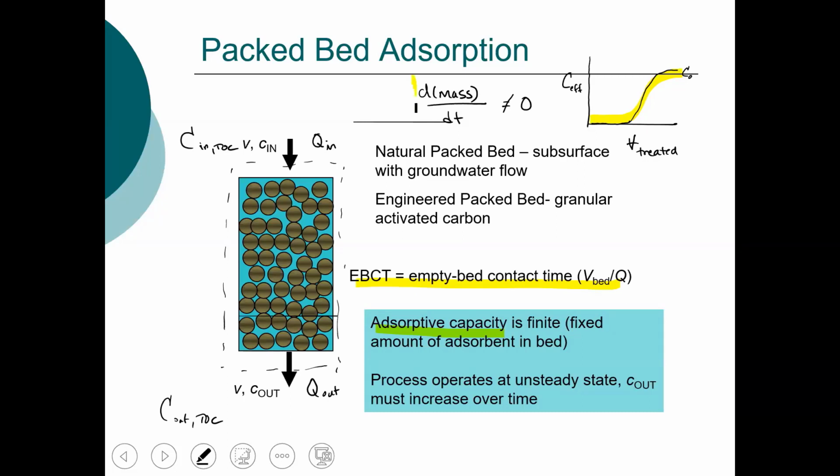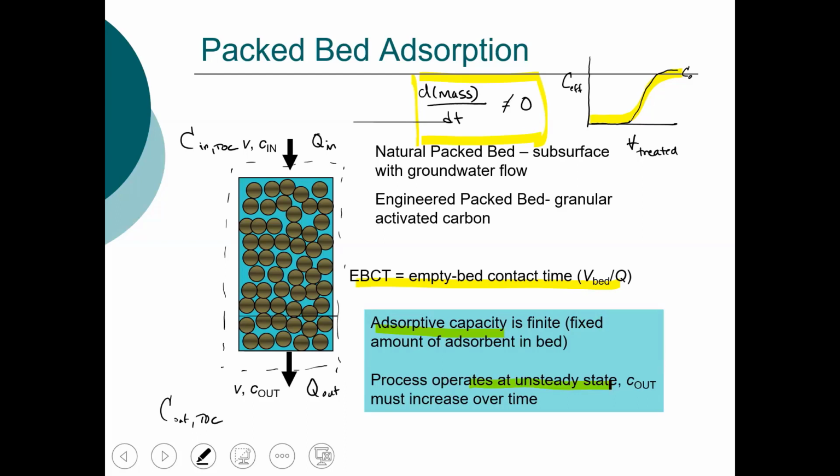Now, as I mentioned, the change in mass within our system boundary is not equal to 0. It's increasing as a function of time. So the process is operating at unsteady state.